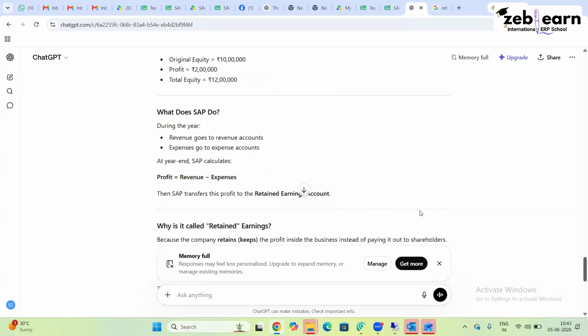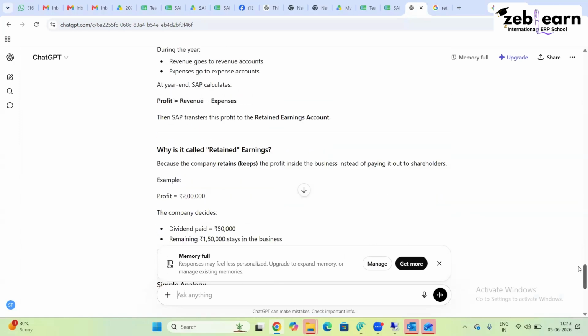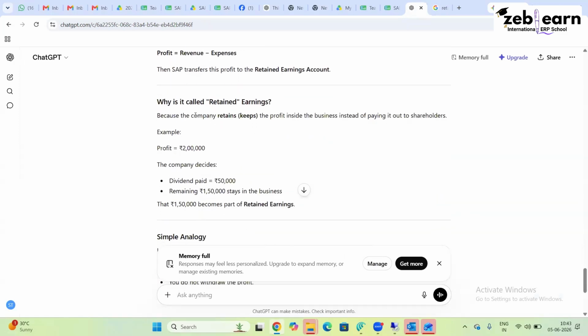What does SAP do? During the year, revenue goes to the revenue account, expenses go to the expense account. At the year end, SAP calculates profit equals revenue minus expenses. Then SAP transfers this profit to the retained earnings account. Why is it called retained earnings? Because the company retains, keeps the profit inside the business instead of paying it to the shareholders. Clear, everyone?